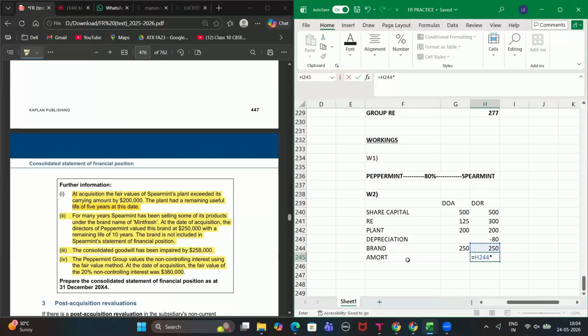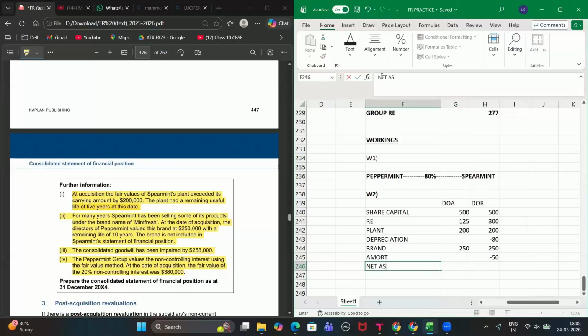What is the remaining useful life of the brand at the date of acquisition? It is 10. How many years have passed since acquisition? It is 2. So 2 divided by 10. How much is it? It is 50.